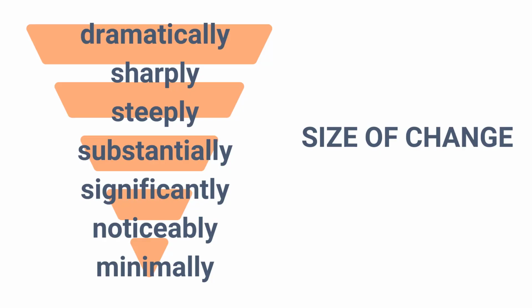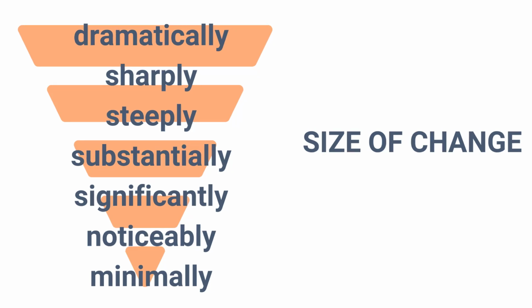And again, you need a range of vocabulary at your fingertips to describe these types of trend. And the first one I'd like to look at is the size of the trend, and I've put this into this diagram here. So going from the biggest trend, we're going from dramatically to sharply, to steeply, to substantially, to significantly, to noticeably, to minimally.